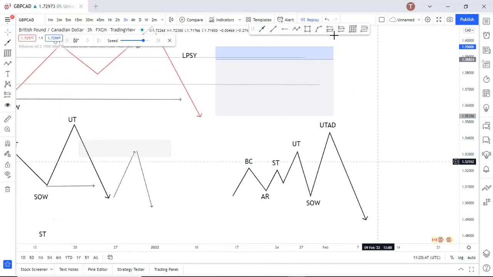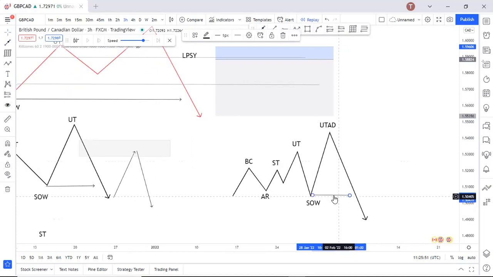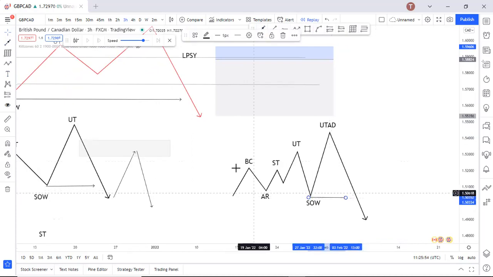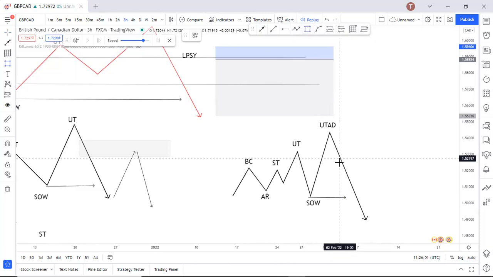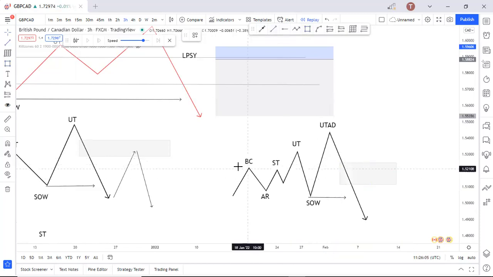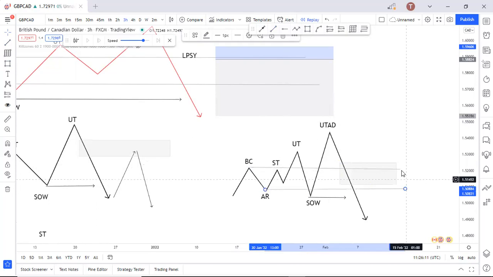This is still distribution. And all you need to do is wait for the break below this SAL, that is the last low of the distribution schematic, and look for your sells in the trading range. The trading range is between the buying climax and the AR.